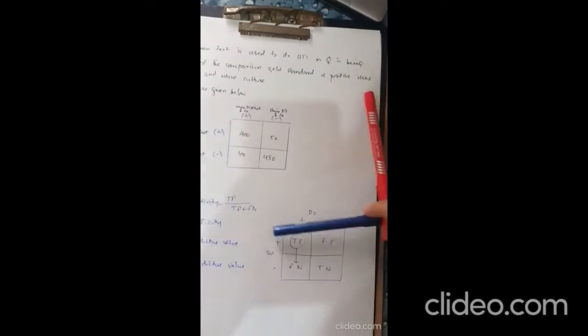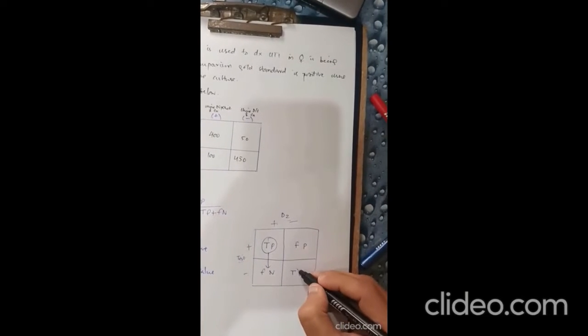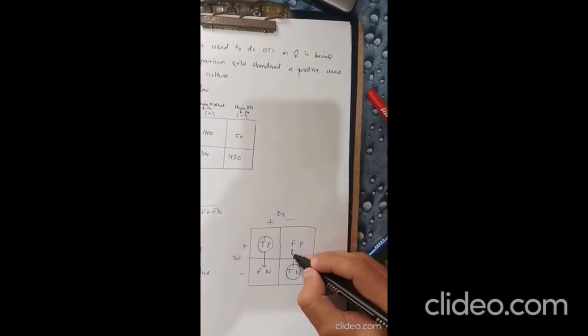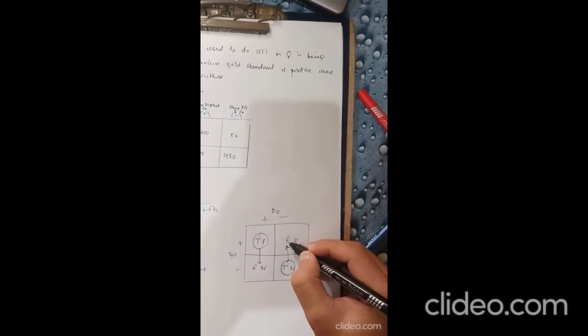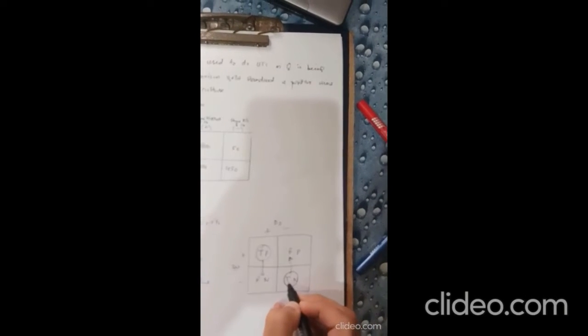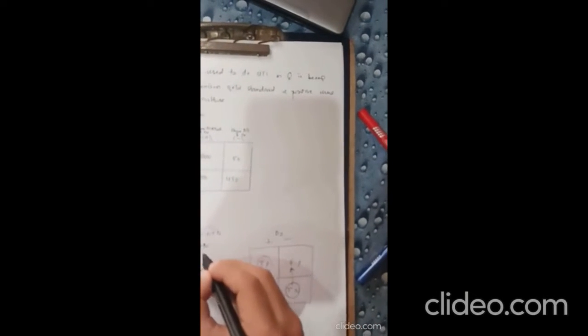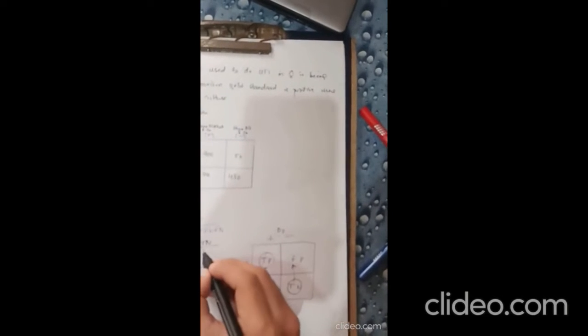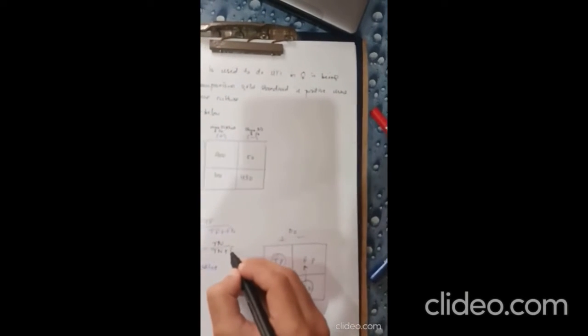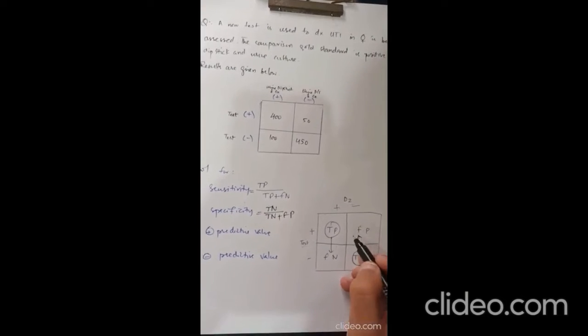So the sensitivity is true positive upon true positive plus all other things, true positive plus false negative, and the specificity would be true negative upon true negative and false positive. You will go from here to there. So specificity will be truths on the top. Truths will always remain on the top. True negative plus false positives.